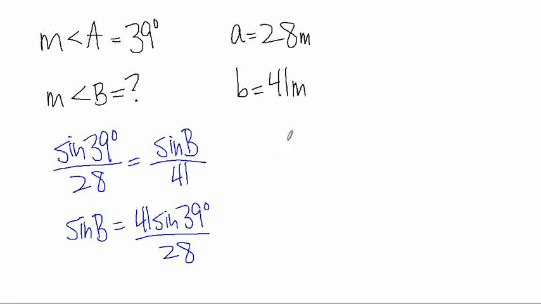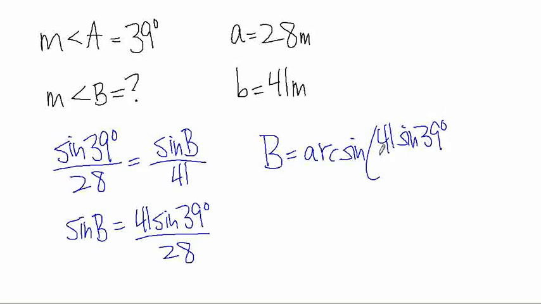And so taking the arc sine of both sides, I get that B is equal to the arc sine of 41 times the sine of 39 degrees all over 28. And that is approximately equal to 67.1 degrees.